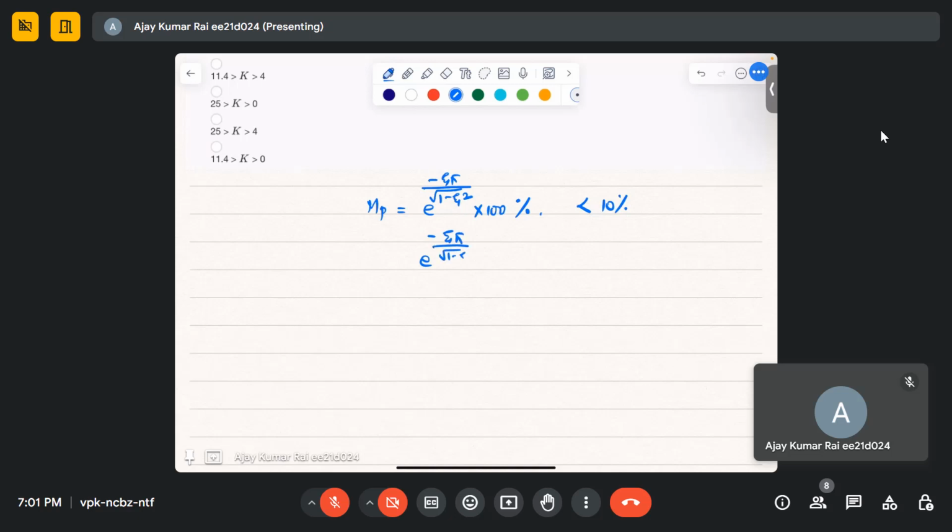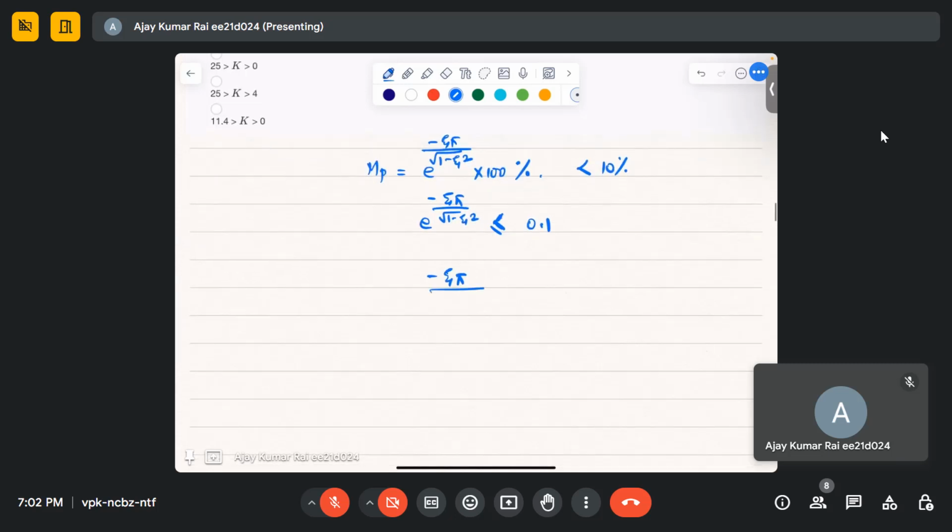I will write less than or equal to, 10% is 0.1. We'll take the log on both sides. So natural log of 0.1, what is that? Write in the chat box what is the natural log of 0.1.